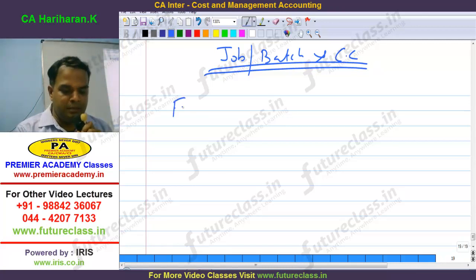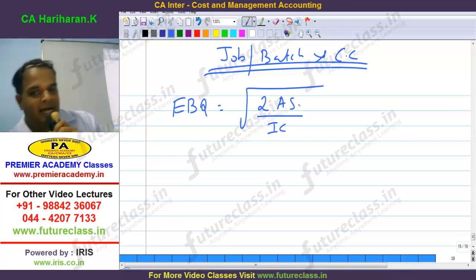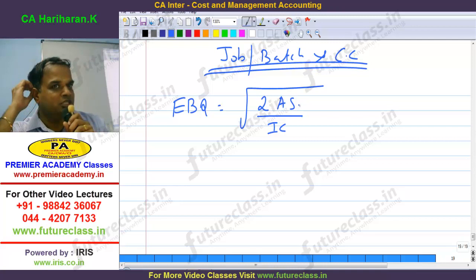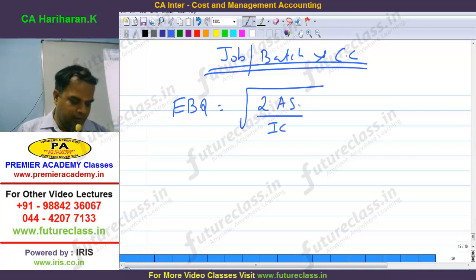Formula for EBQ, economic batch quantity, is equal to square root of 2AS divided by IC. A represents annual demand, S represents setting up cost, I interest portion, C carrying cost. Similar to EOQ only. We'll do one problem.